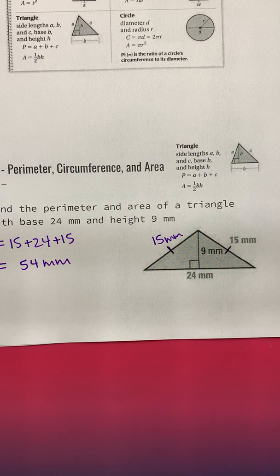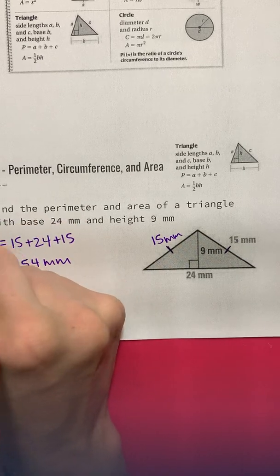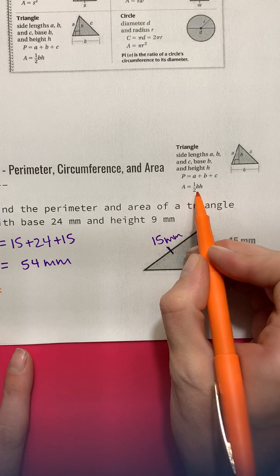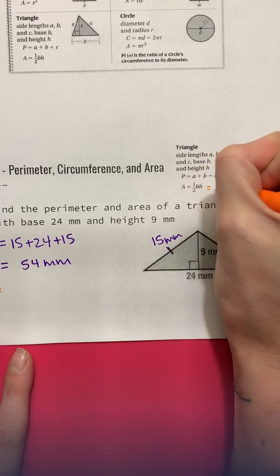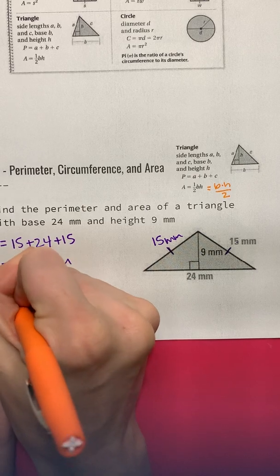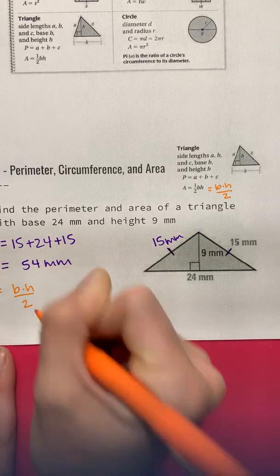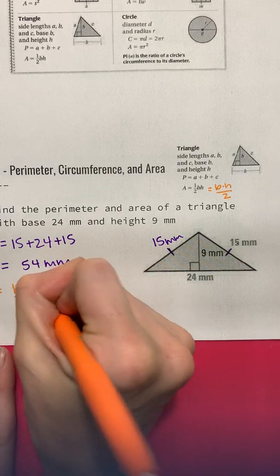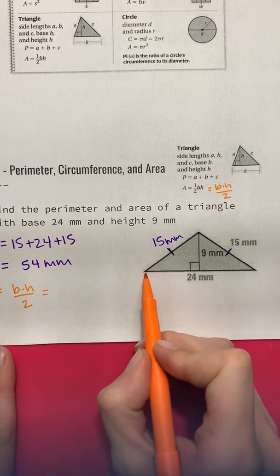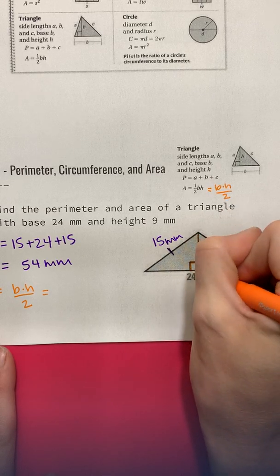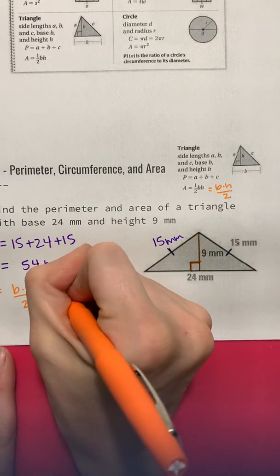To find the area of a triangle, okay, remember, you can either do 1/2 base times height, or it's the same thing as base times height divided by 2. I prefer to do base times height divided by 2, but it's up to you which one you use. Okay, so base, we're looking for where that right triangle meets. Okay, so my base is going to be 24.